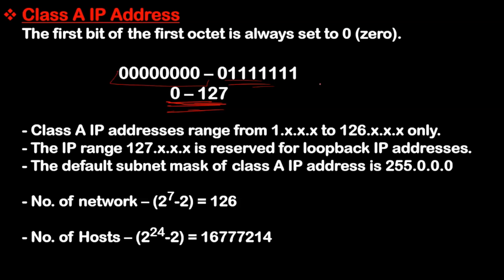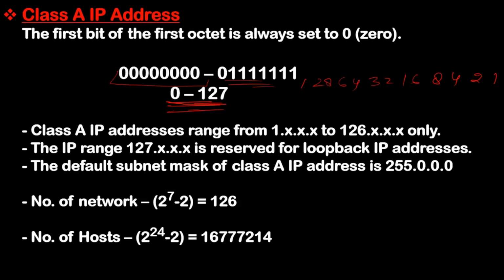If anyone doesn't know how to convert, I'm telling you a short way. For that we have a formula. We write 1 and then keep doubling it: 2, 4, 8, 16, 32, 64, 128. Why do we write only till 128?